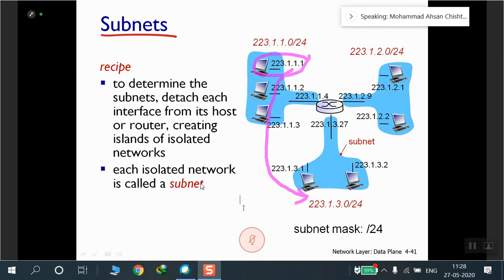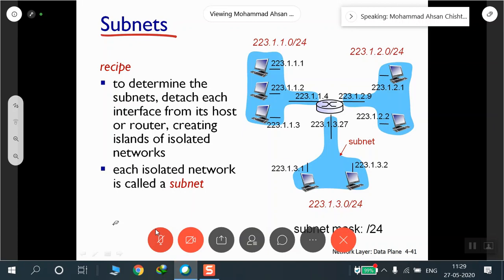This depends upon the availability. That's why we say the IP address changes once you move from one network to another. You cannot send a packet if you do not have an address belonging to that network.